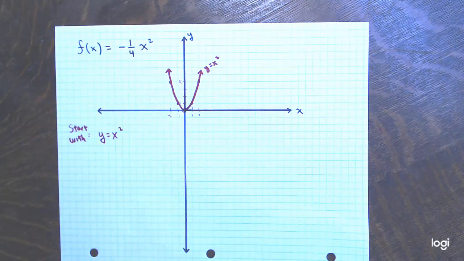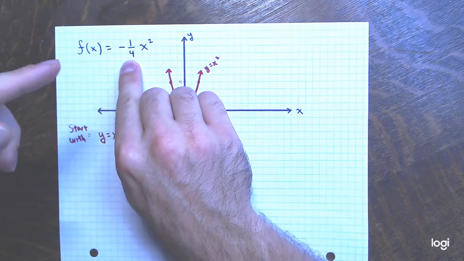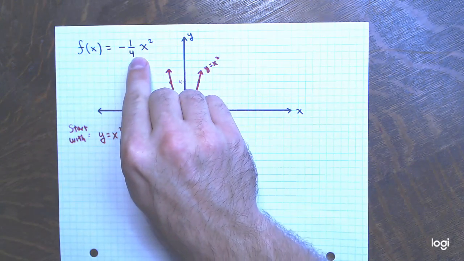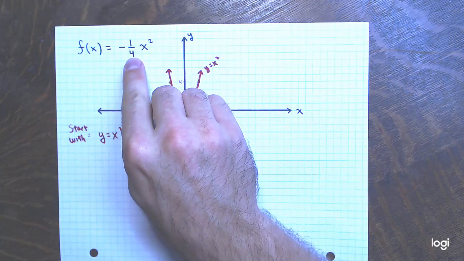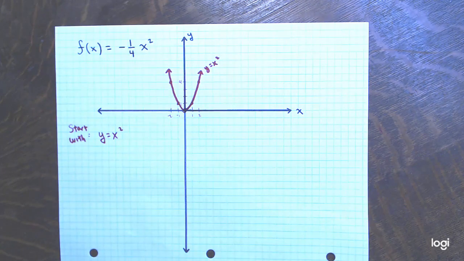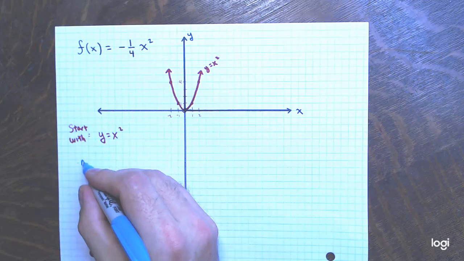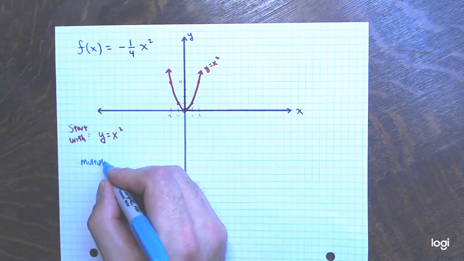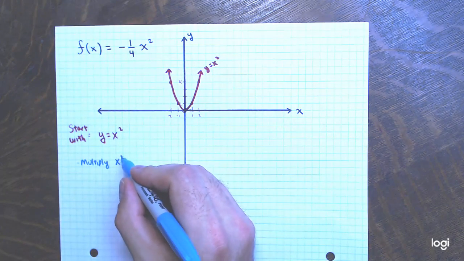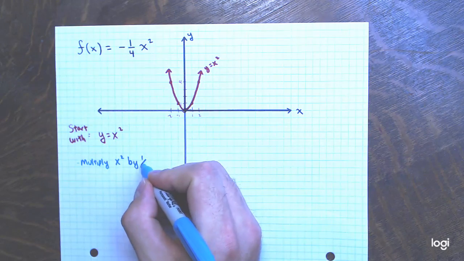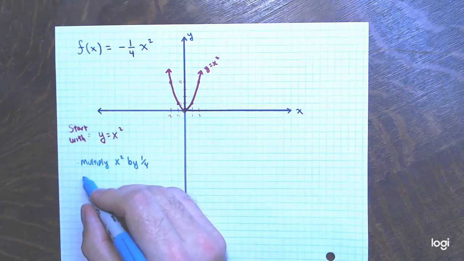Okay, so let's do that here. I've noticed there's this -1/4 in front. So first I'm going to multiply the x squared, the rule, by +1/4. So what's that going to do?